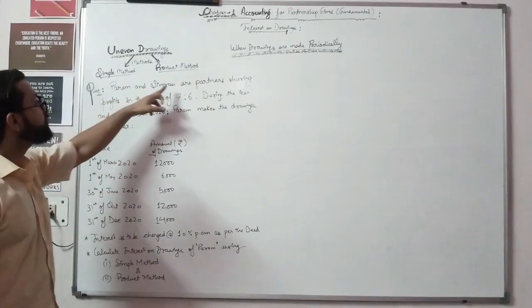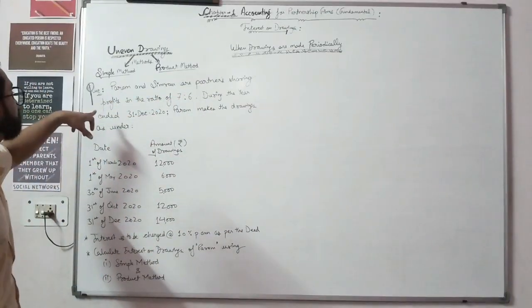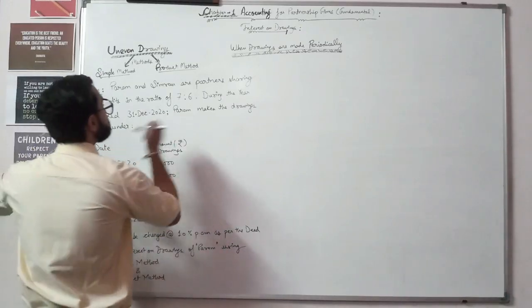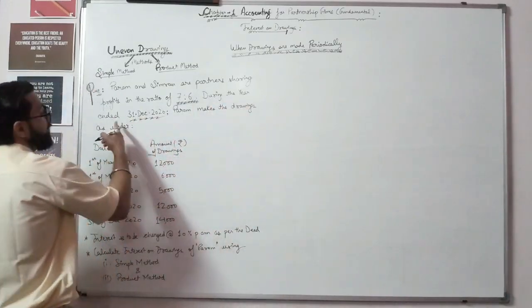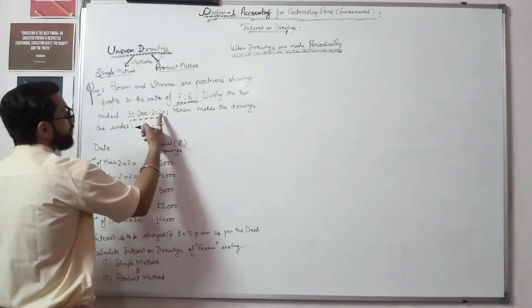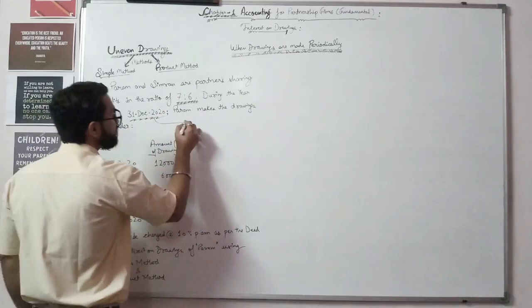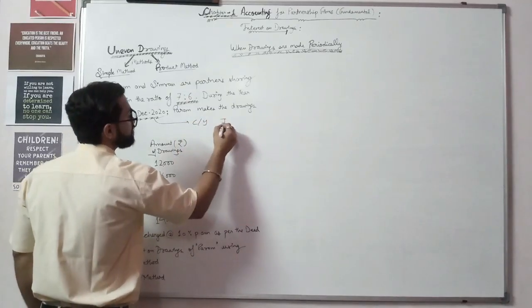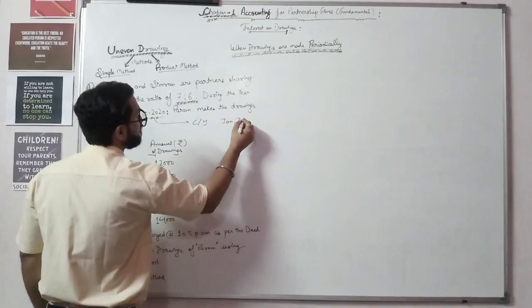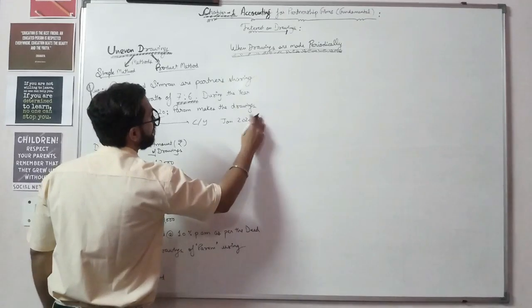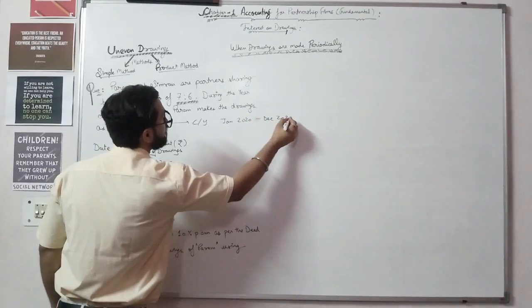Now, Param and Simran are partners sharing profits in the ratio of 7:6. During the year ending 31st December 20, Param makes the drawings as under. Now, this is a calendar year which starts from January 2020 and ends on December 2020.